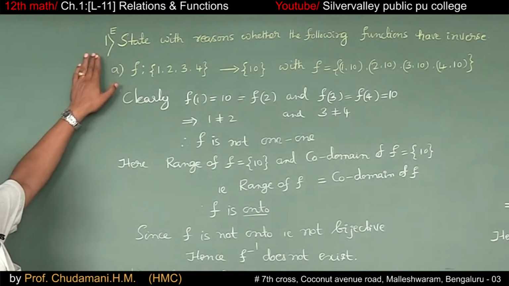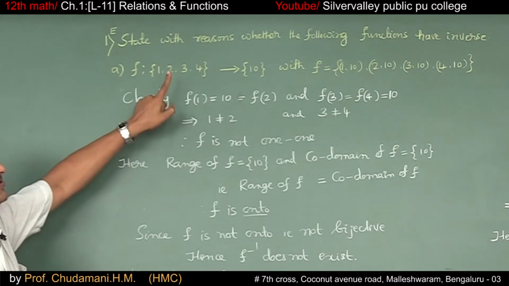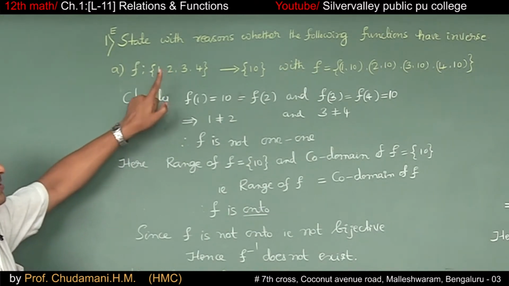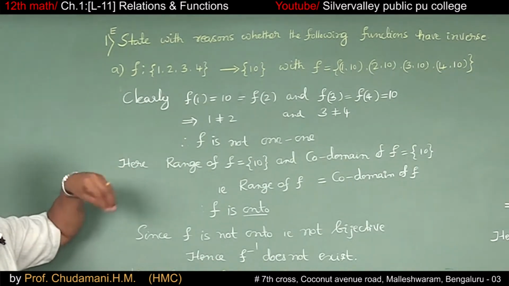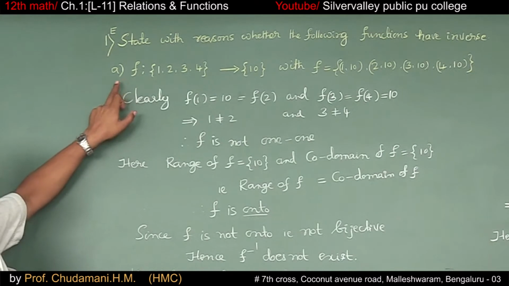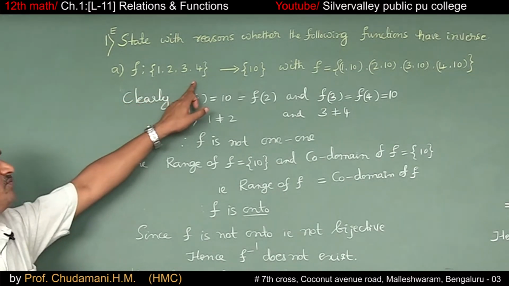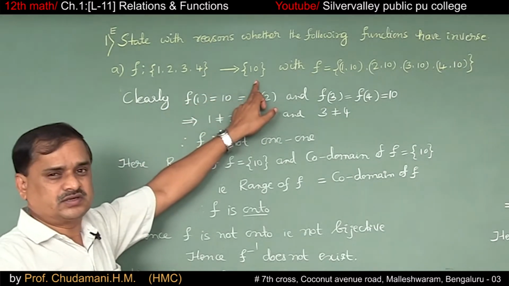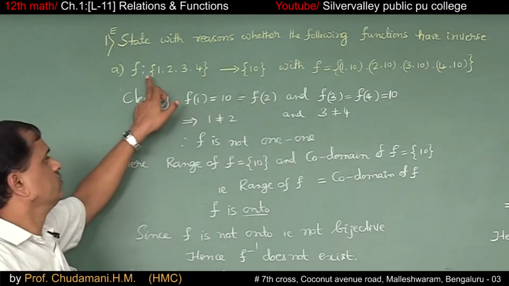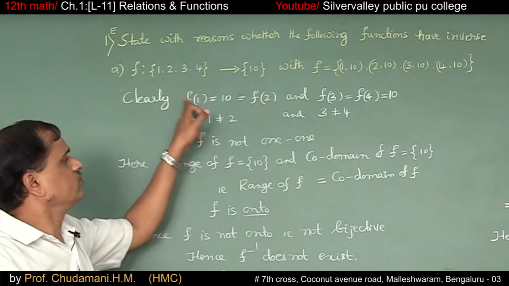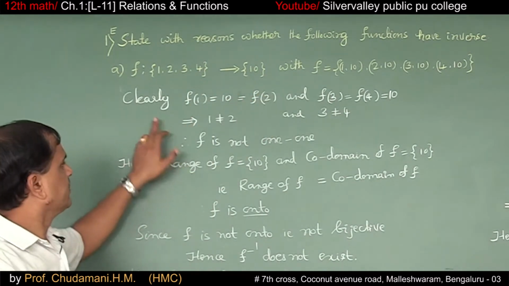Problems. First one, exercise problem. State with reasons whether the following functions have inverse or not. Under that, number A, f from the set {1, 2, 3, 4} to the singleton set {10}, with f equal to {(1,10), (2,10), (3,10), (4,10)}.